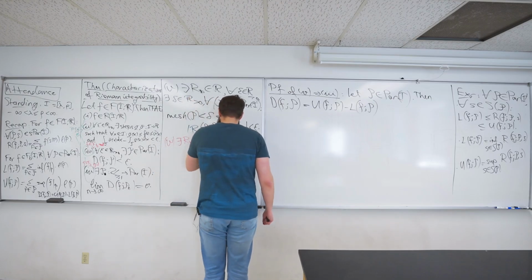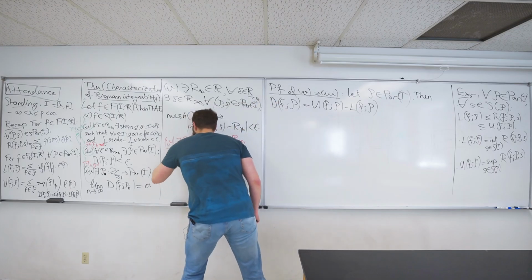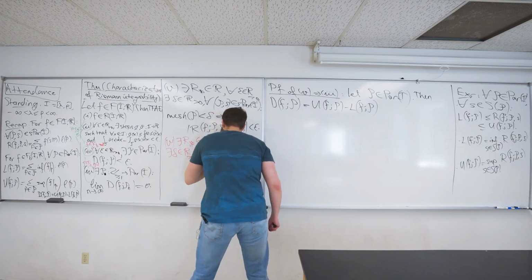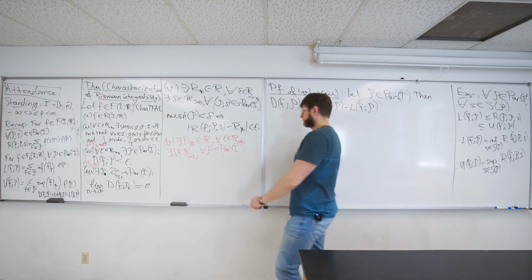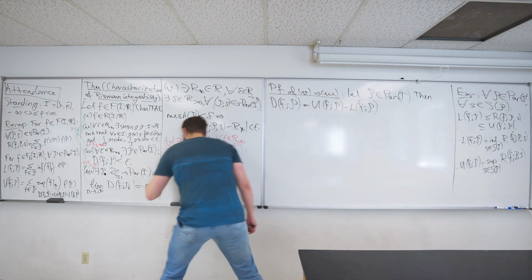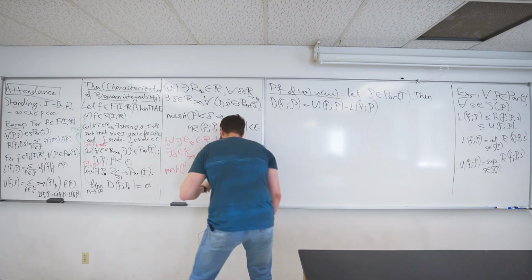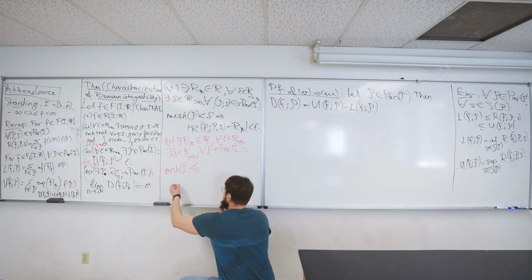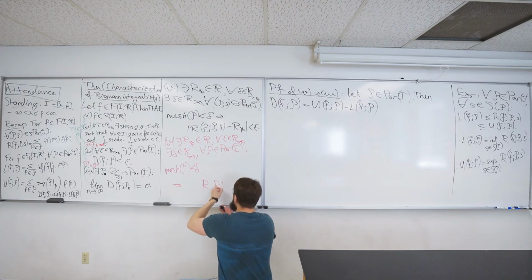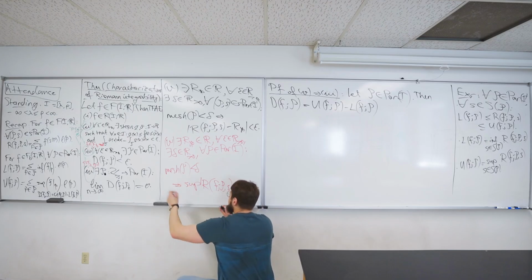There's an R star such that for any epsilon, there is a delta such that for any partition, if the mesh of P is bounded by delta, then no matter which sampling function I use, the associated Riemann sum is going to be within an epsilon of R star.